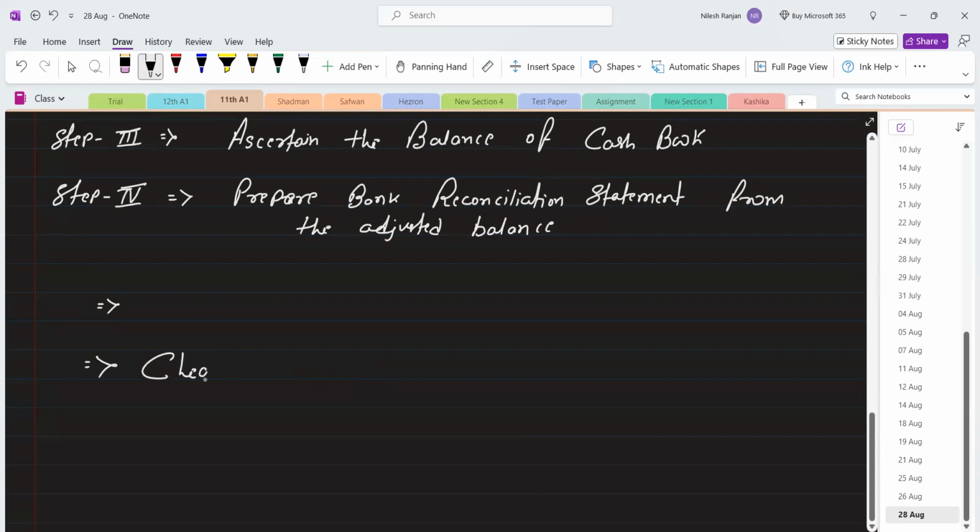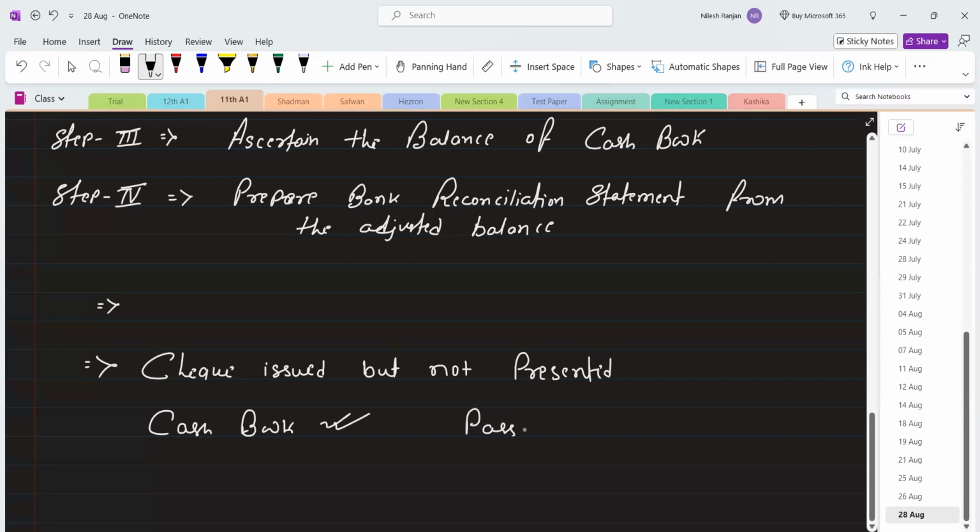Think about it. Check issued, but not presented for payment, because it will be cleared by the bank. So we have already recorded this in cash book. Yes or no? And it is not recorded by bank in passbook.